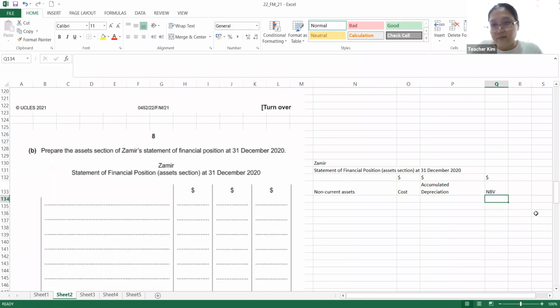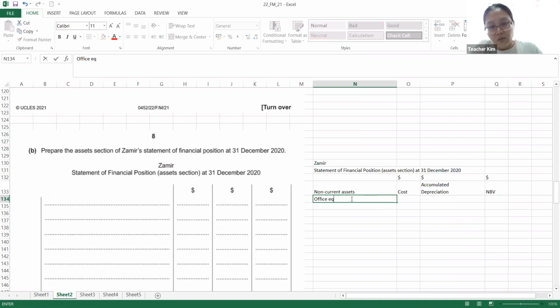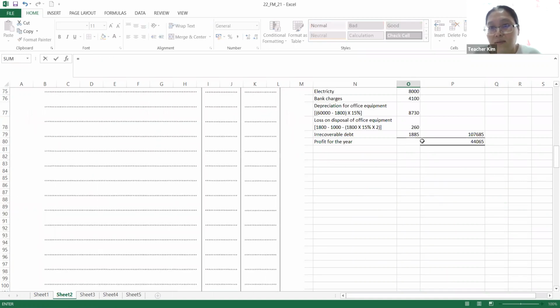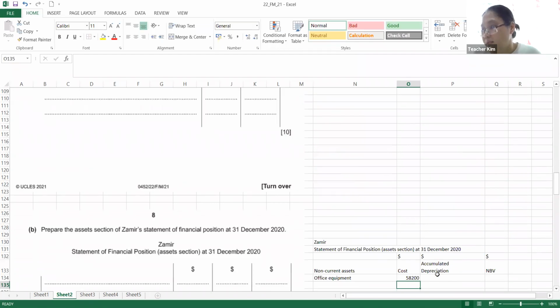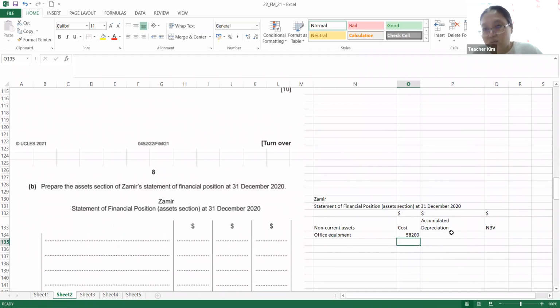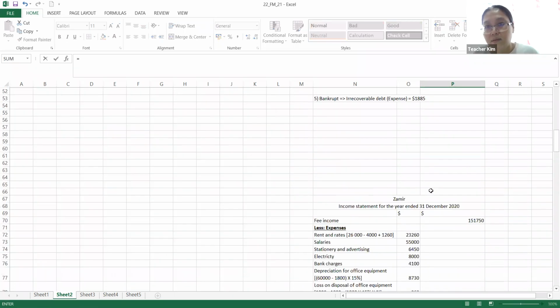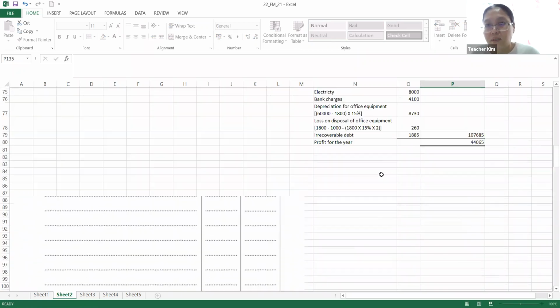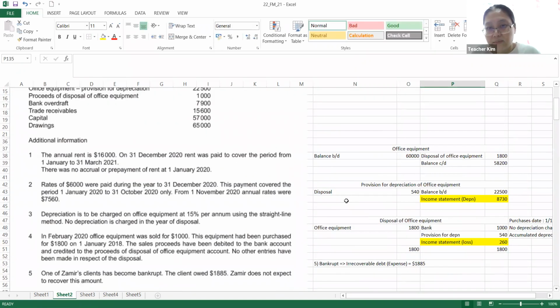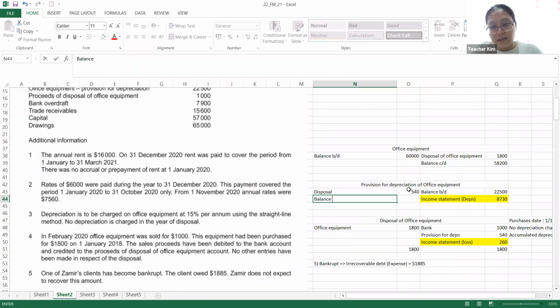What are the assets that we have in this question? We have office equipment. So office equipment, the cost, okay? The cost that in here, we left with this one only. And then next is our accumulated depreciation. This amount, balance carried out.